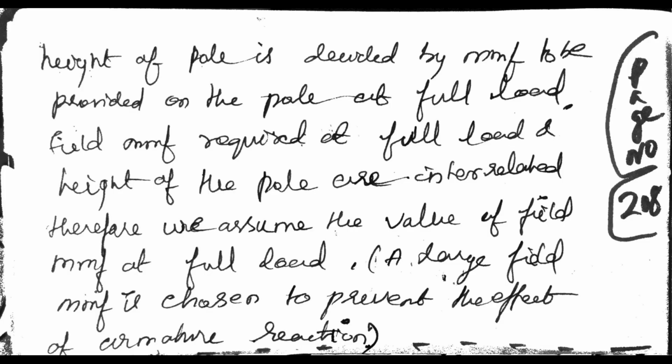Height of the pole is decided by the MMF to be provided on the pole at full load. Field MMF required at full load and height of the pole core are interrelated. Therefore, we assume the value of field MMF at full load. A large field MMF is chosen to prevent the effect of armature reaction.